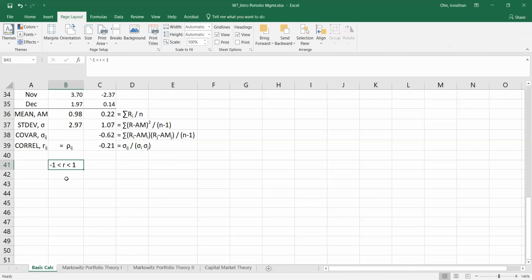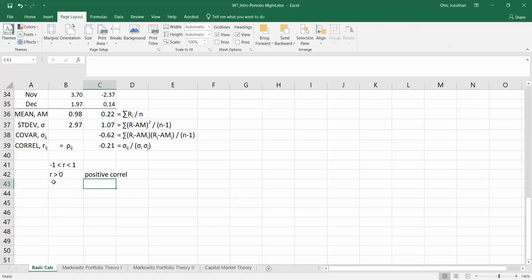If R is positive, that's called positive correlation. That means these two stocks or portfolios tend to move in the same direction. And if R approaches 1, that co-moving pattern is very strong.